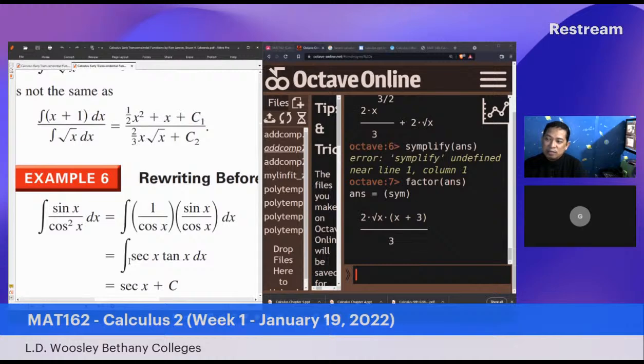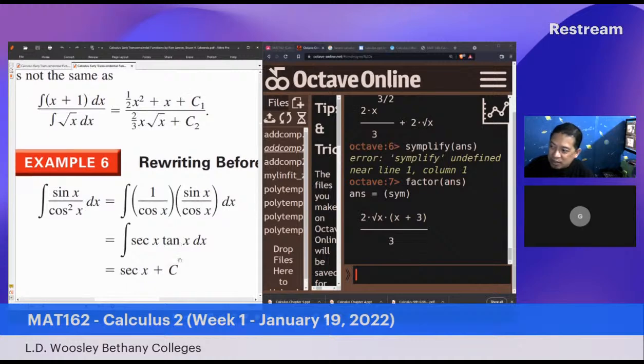Kaya lang it's much better if we could rewrite it in such a way that it will be simplified. For this case, yung sine, in-isolate yung isang cosine so that it becomes a tangent, then 1 over cosine is secant. Sakto, secant x tangent x, integral of which is secant x. Sige nga, try nga natin.